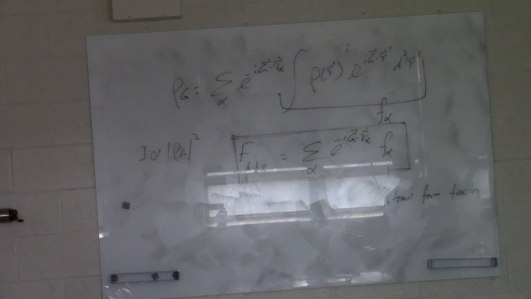Each of them will scatter this, right? Because each has some density here. So each one will give you some kind of phase difference. This one can give you e to the i phase 1, this one e to the i phase 2, e to the i phase 3, like that.